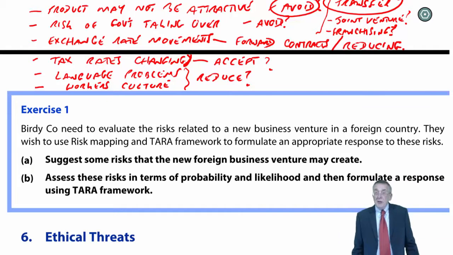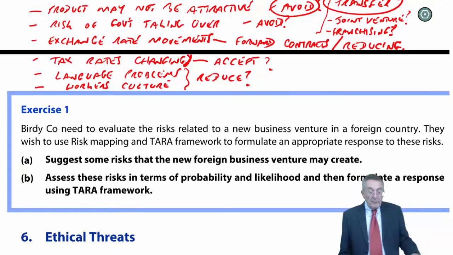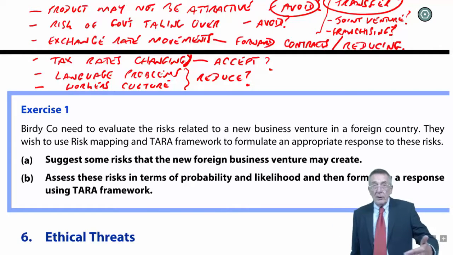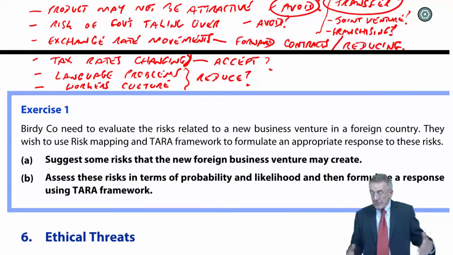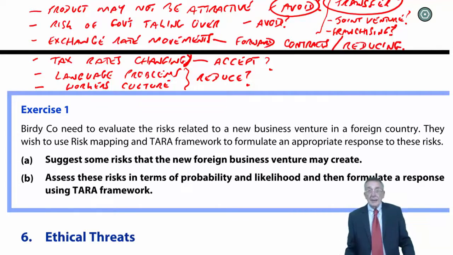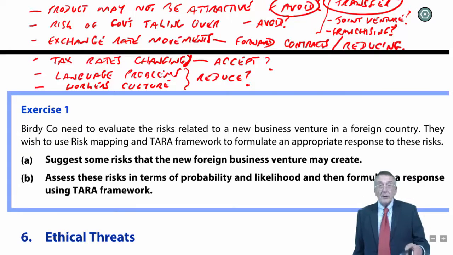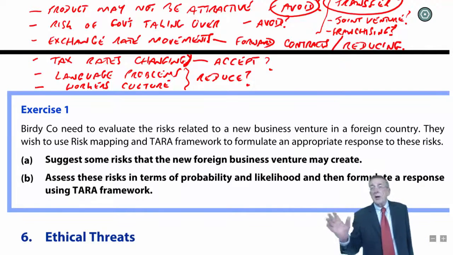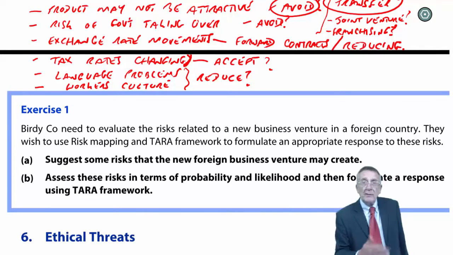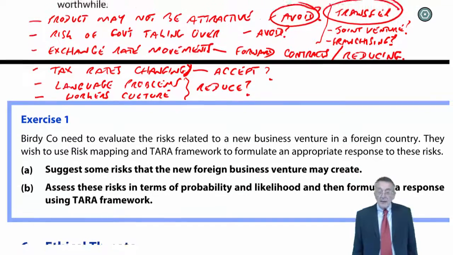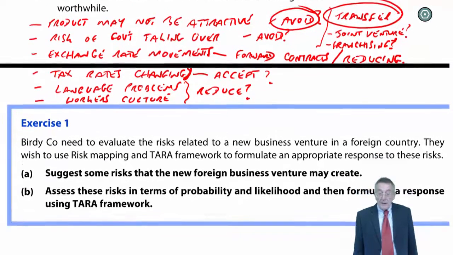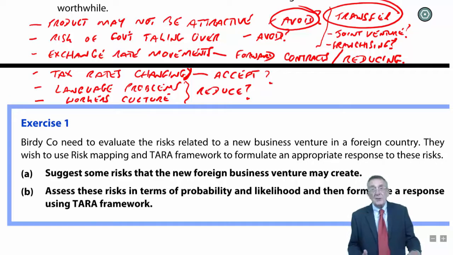But maybe you can try and reduce them by, if our employees are going there, they need to learn the language, more training in the language. Maybe if there could be a problem, workers work differently, the culture's different, make sure we've got local managers. Potentially you may be able to reduce them. So the question marks are all over the place. But I hope I've got the idea across.